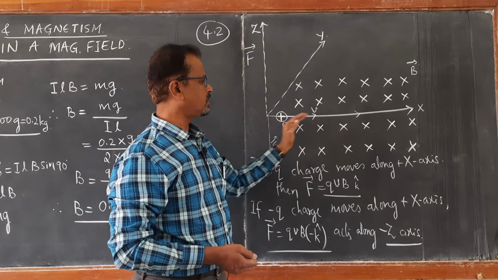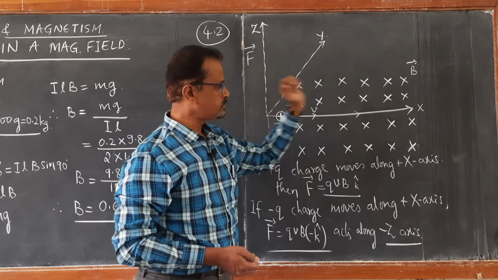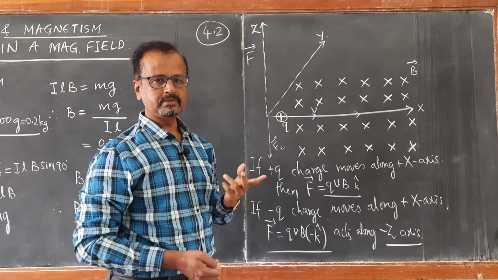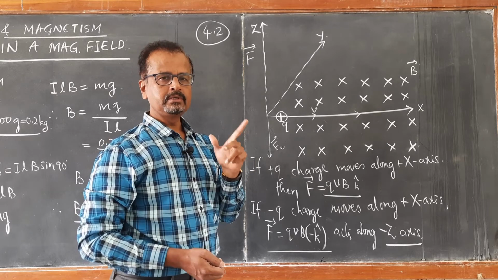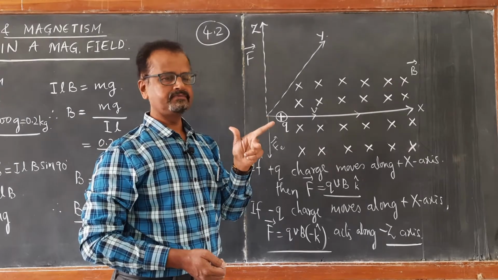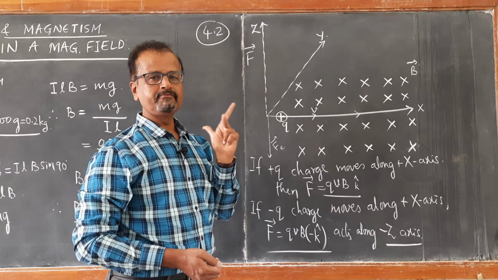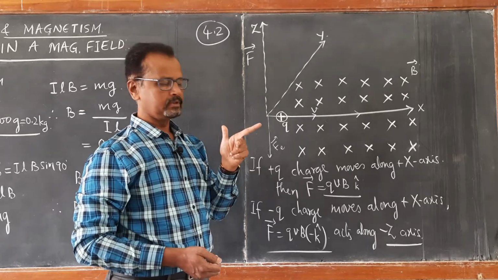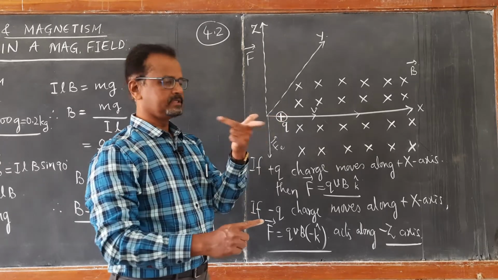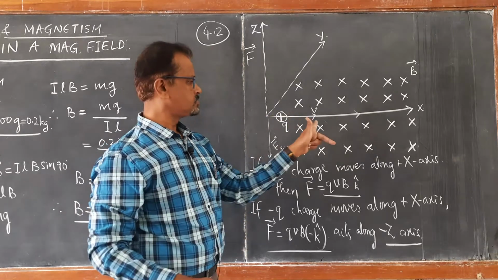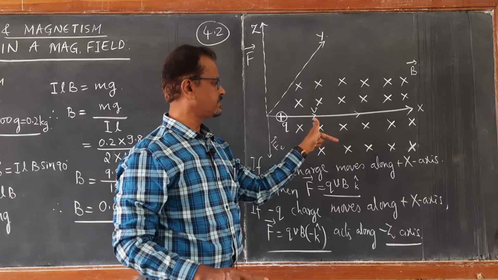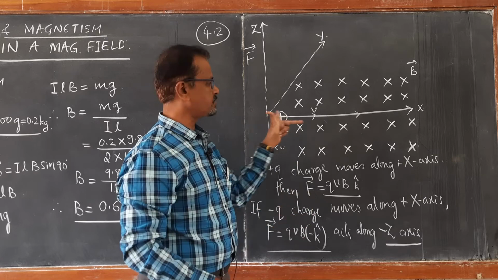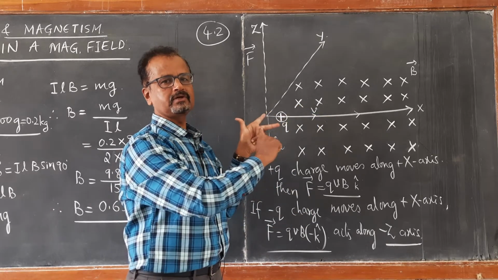First let us see what happens if a proton is moving with some velocity vector v along the direction of positive x-axis. Then it experiences Lorentz force. As I have said, use first three fingers of your left hand and apply Fleming's left hand thumb rule. The forefinger shows the direction of field, acting vertically inwards, and the central finger shows the direction of motion of positive charges, that is the direction of current.